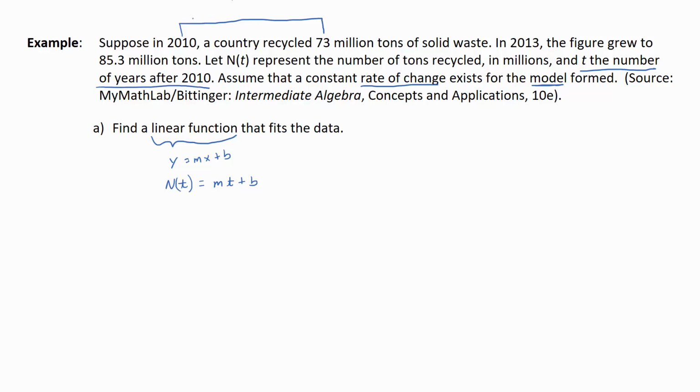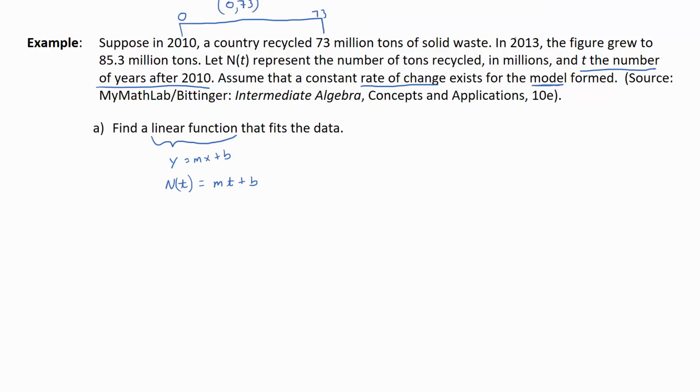Remember, the value that represents time is going to be your input, so it's a first coordinate. So 2010 is going to be year 0. That's going to be a first coordinate. And just 73 is going to be your second coordinate. In other words, we get the ordered pair 0, 73 from these two data values.